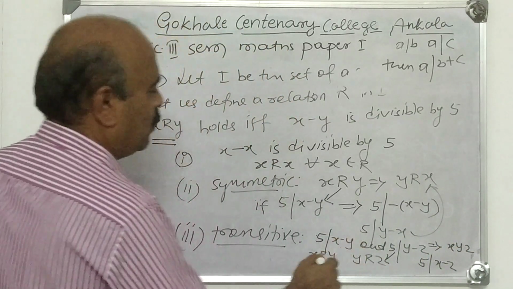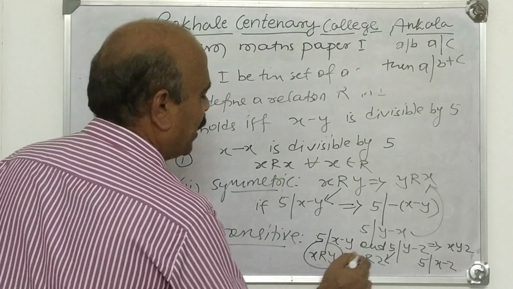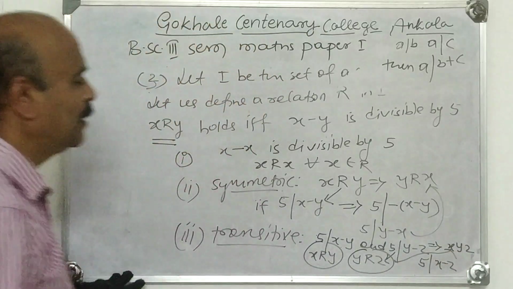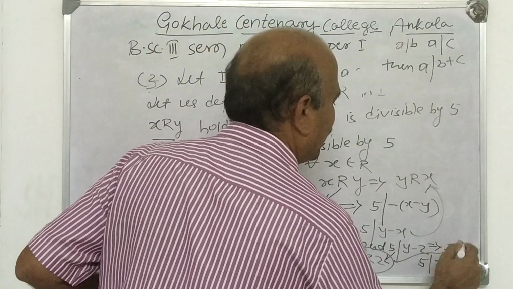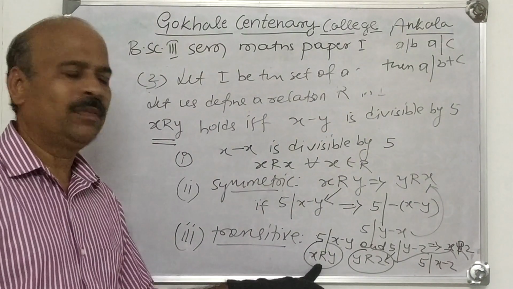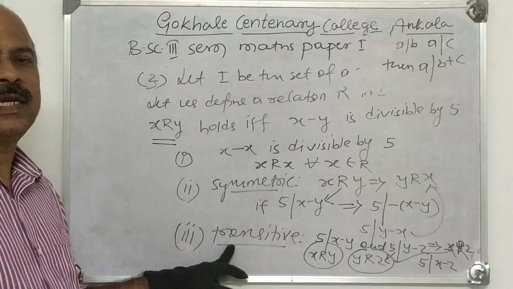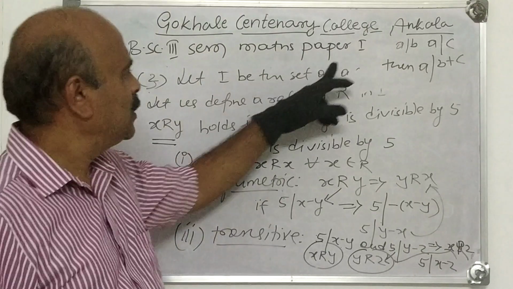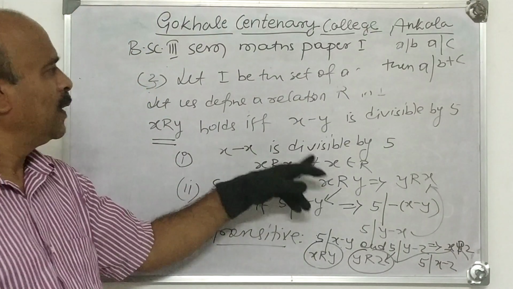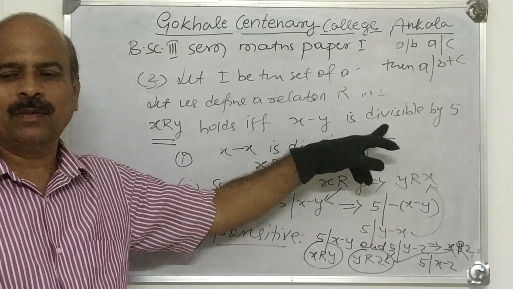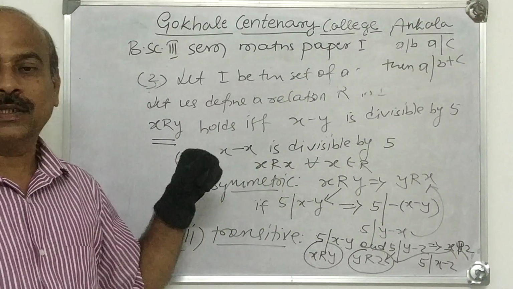So, what do you get? x R y, y R z implies x R z. Therefore, it is transitive. Hence, this relation, x R y if and only if x minus y is divisible by 5, is an equivalence relation.